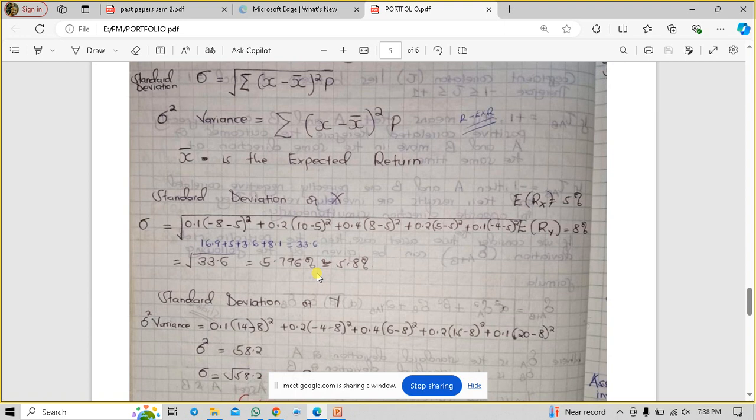For investment S, the standard deviation was 9.3% divided by 8%. And for Q, 7.6% divided by 8%.